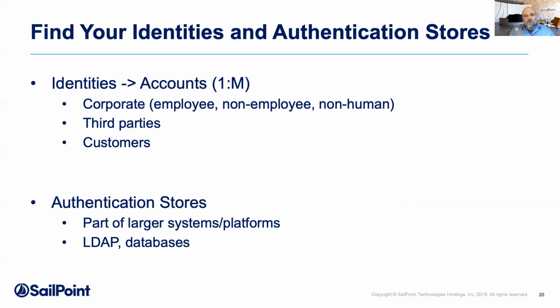But I'm one person, and there's a one-to-many relationship between Jerod, the identity, and the accounts that Jerod has. So in order to reverse engineer that mapping of identity to accounts, you've got to figure out where all of your authentication stores are and start creating an identity warehouse, right? You need some mapping to say this person has access to all these things.